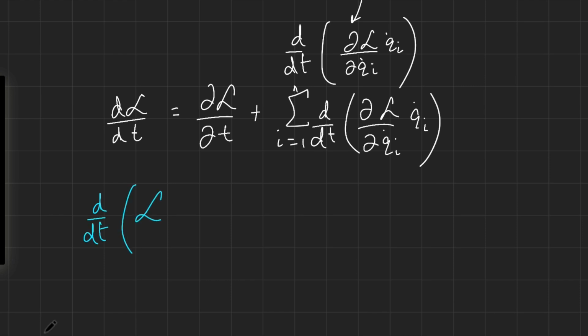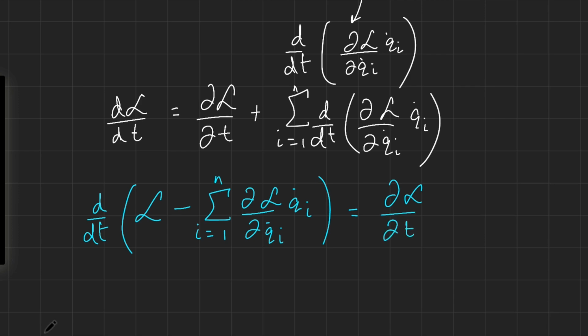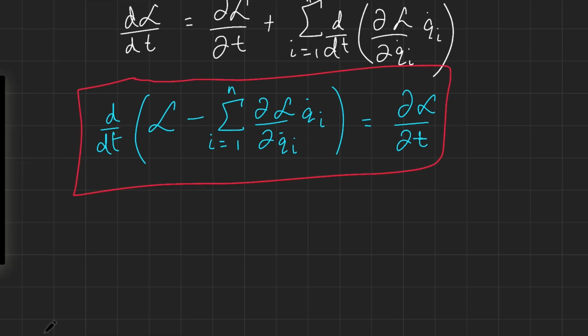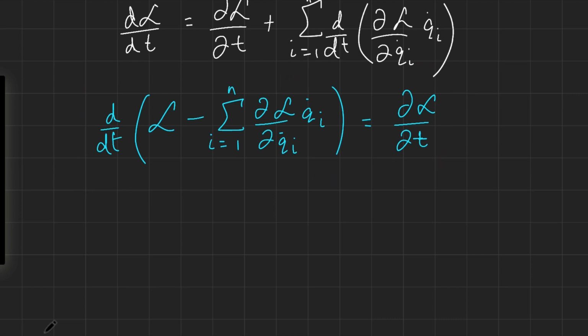That would be that the derivative of the Lagrangian minus a sum from i equals 1 to n of partial L over partial q̇_i times q̇_i equals the partial derivative of the Lagrangian with respect to time. Right, so this is actually a form of, you could say, a generalized Beltrami identity, and we're going to see how very soon.